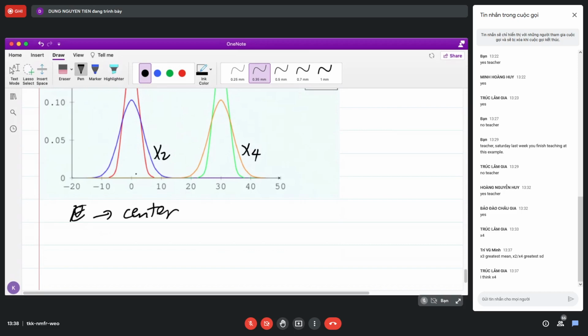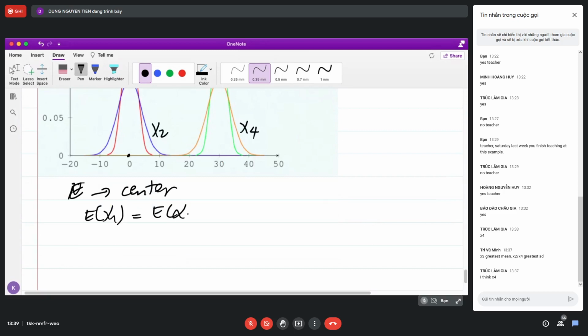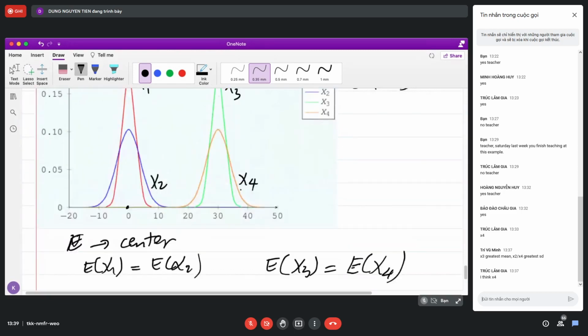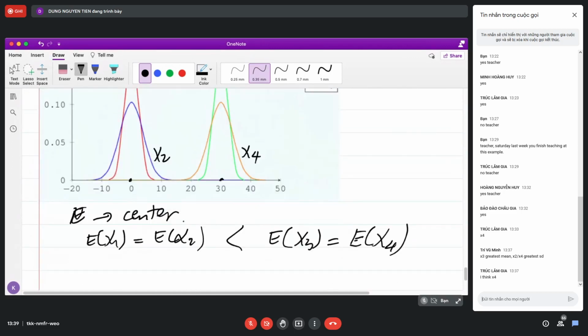So you see that the mean values of X1 and X2 are the same, equal to 0. The mean values of X3 and X4 are the same, and because the mean value of X3 and X4 is 30, that is greater than 0, which is the mean values of X1 and X2.